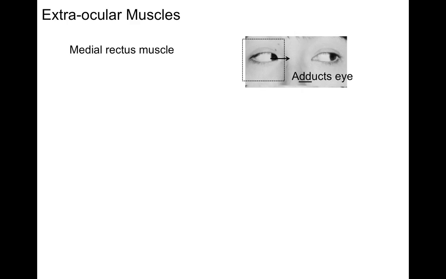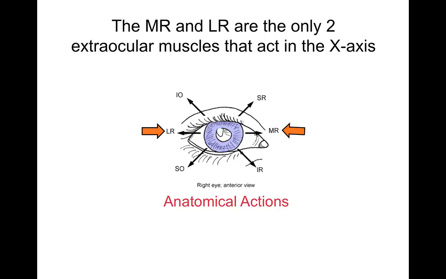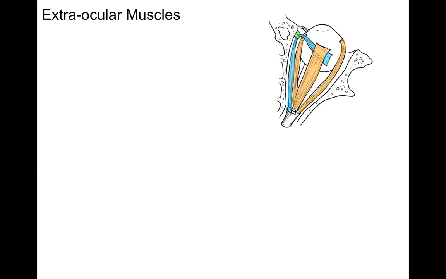The medial rectus and lateral rectus are the only two extraocular muscles that act in that axis. That'll become important when you clinically test later on.